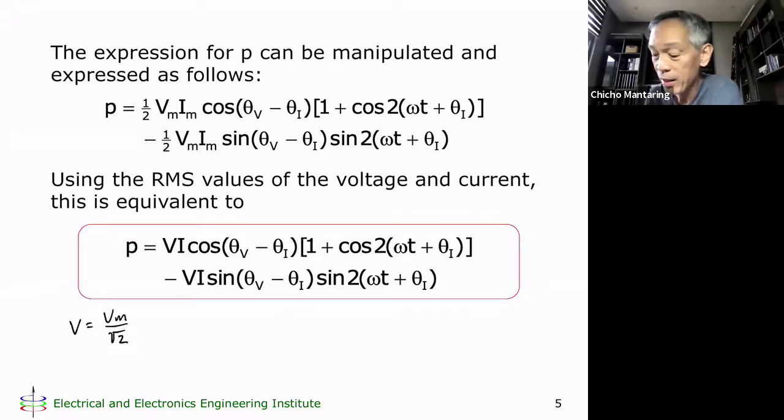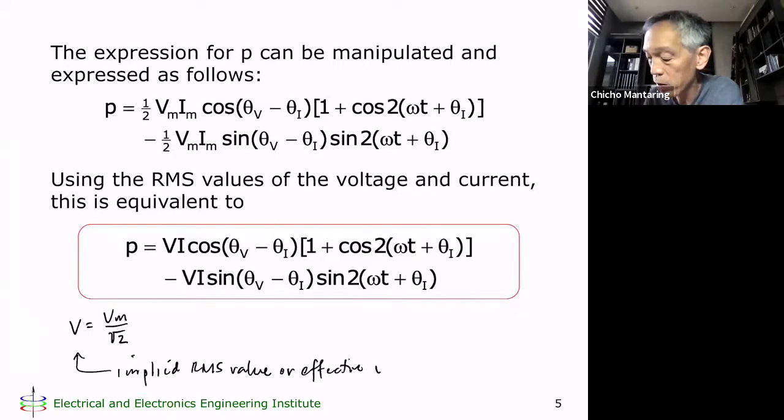If I don't put effective or RMS here, assume that to be RMS. So this is implied RMS value or effective value. Same thing with I: I is equal to Im over the square root of 2.